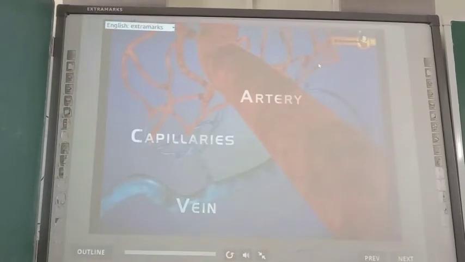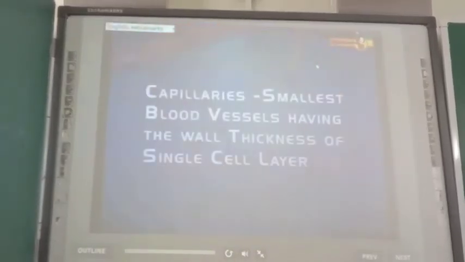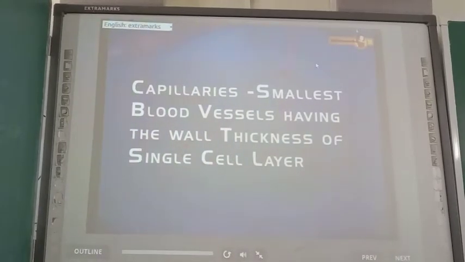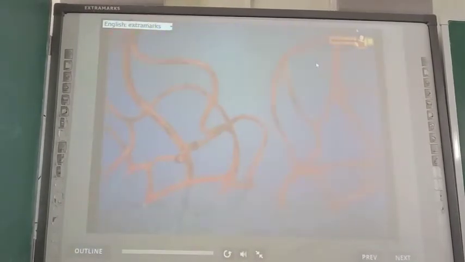Arteries divide many times into smaller arterioles, which again subdivide finally to form the smallest vessels called capillaries. The networks of capillaries join to form venules, which further form the veins. The capillaries are the site where actual diffusion of oxygen, carbon dioxide, nutrients, etc. takes place.